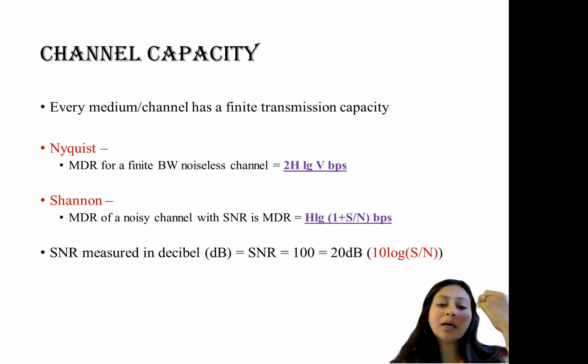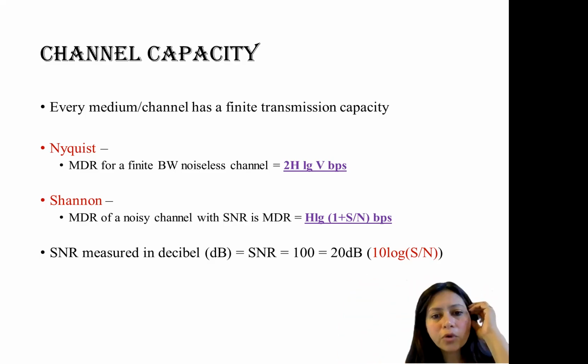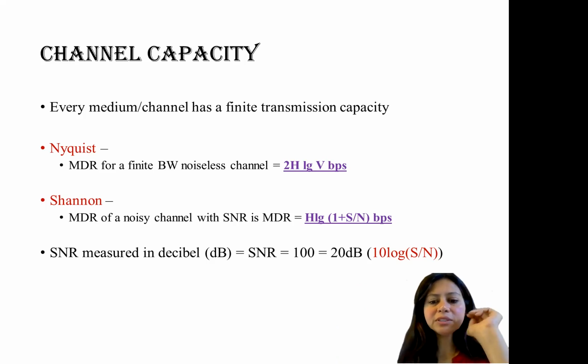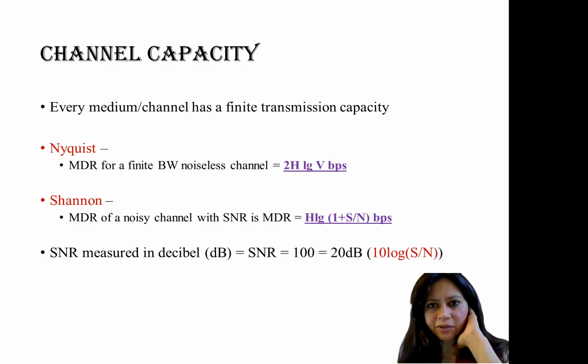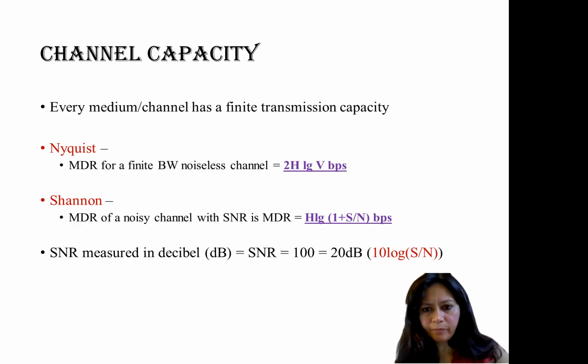For a noiseless channel, Nyquist proposed long ago that the maximum data rate can be found with this formula: 2 times H times lg V. H represents hertz, the frequency of the signal.